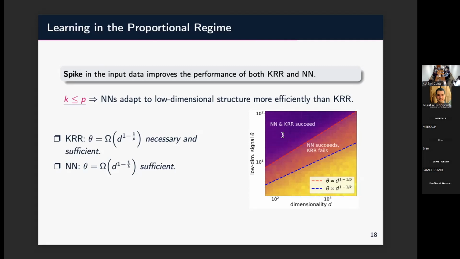This is where the spike magnitude is large. There is a regime where neural networks succeed, but kernel methods provably fail, because of this if and only if statement. And then there's a regime where they both fail. The conclusion is that neural networks adapt to this low dimensional structure more efficiently compared to kernels. So this is a separation result between kernel methods and neural networks.